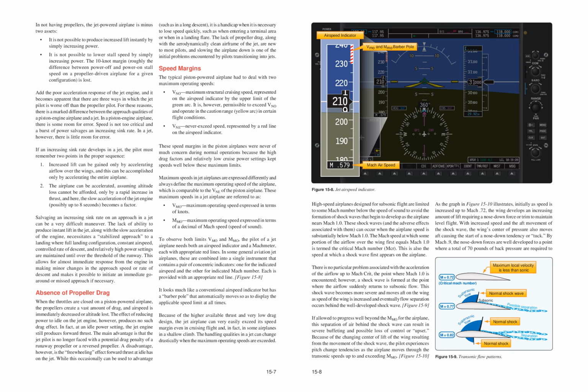HDG 360 degrees, CRS 360 degrees, GPS ENR. 31,300, 31,200, 31,120, 31,000, 30,900, 30,800, 30,700.